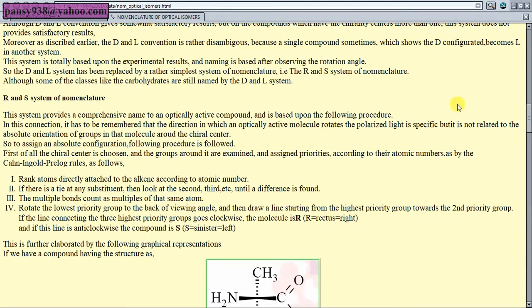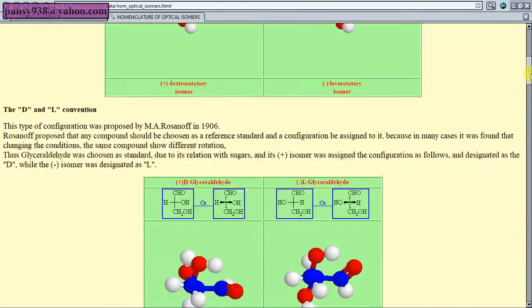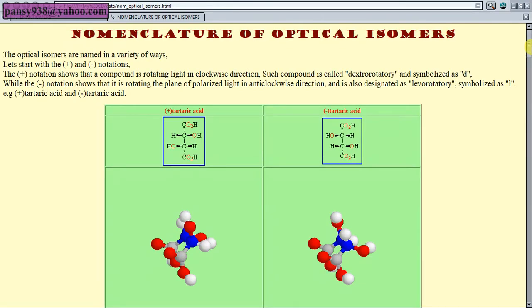First of all, let's begin with the d and l conventions. The small d and l, which mean dextrorotatory and levorotatory, are most frequently represented by the positive and negative notations enclosed in small brackets.